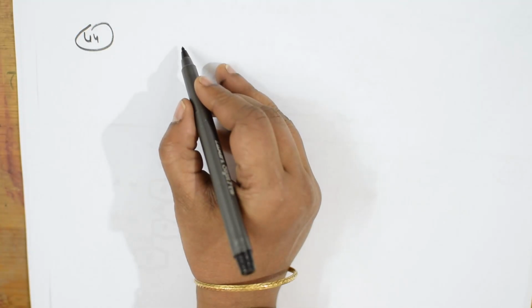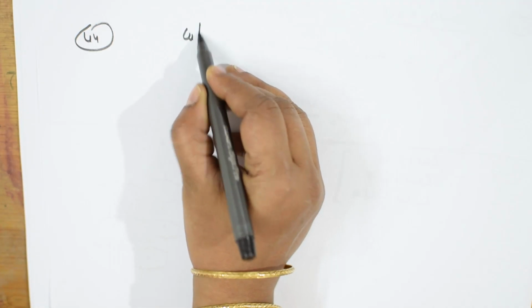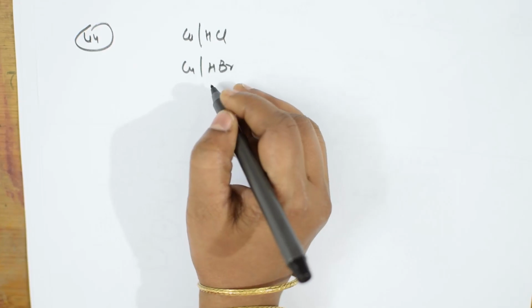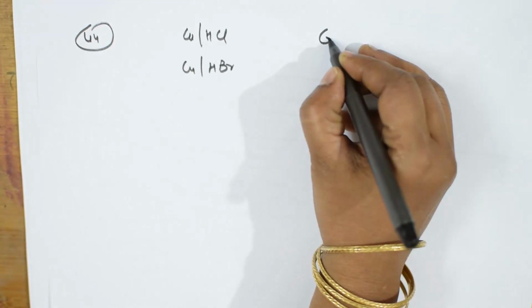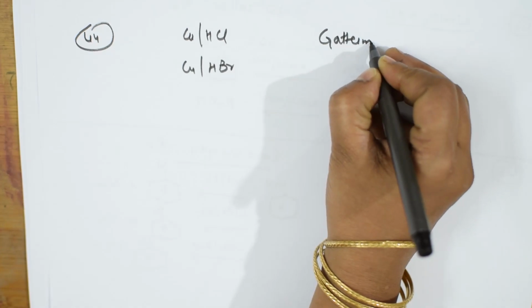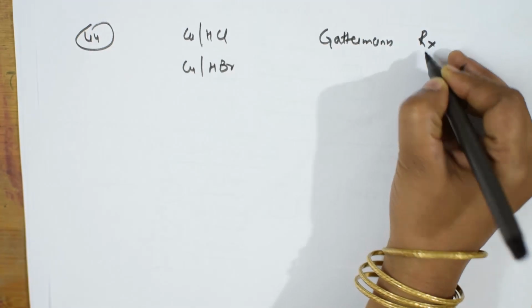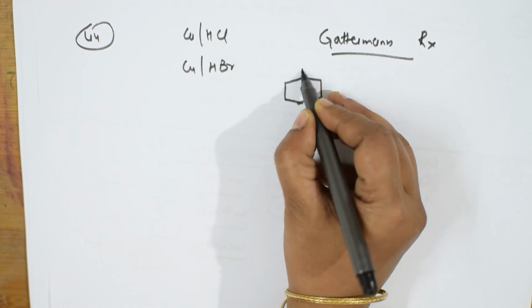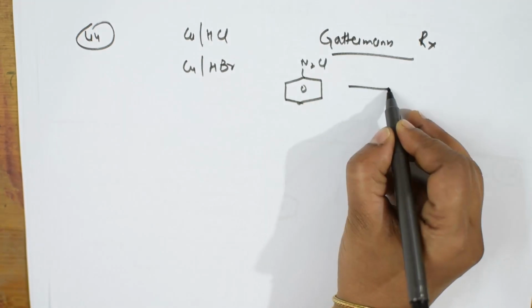Now let us see the 44th one. If you see only copper by HCl or copper by HBr, this is called Gattermann reaction. What will happen? Your BDC, benzene diazonium chloride, gets converted.